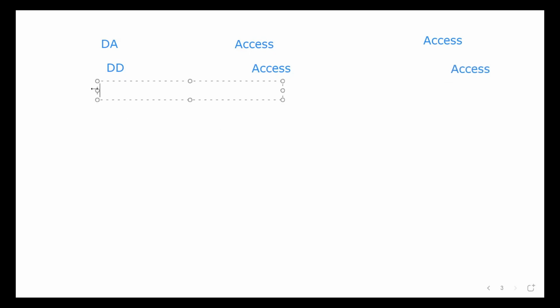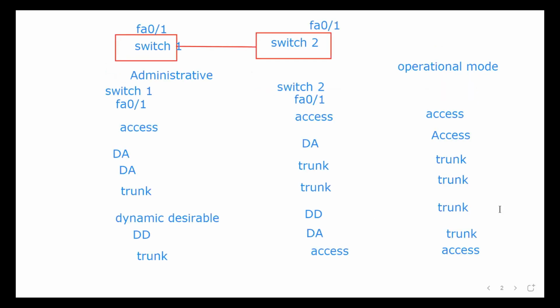When switch 1 is in trunk mode and switch 2 is in dynamic desirable mode, then our operational mode is trunk. If you want to write this, you have to learn this also. So please take a screenshot of this.